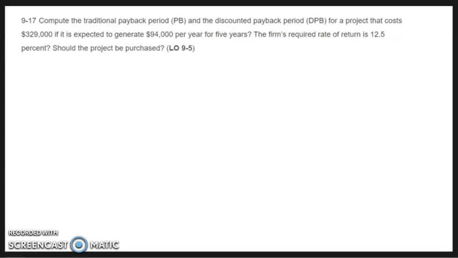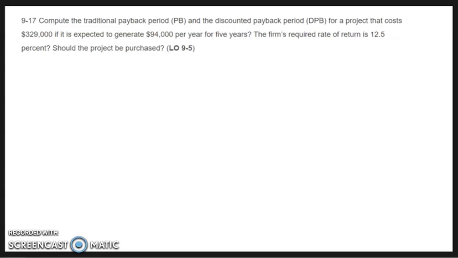So for this project, the payback period is going to be less than 4 years, 3 years and something. That's all you're doing, there's no other calculation to it. You're just determining at what point the firm gets all of its money back, ignoring discounting.